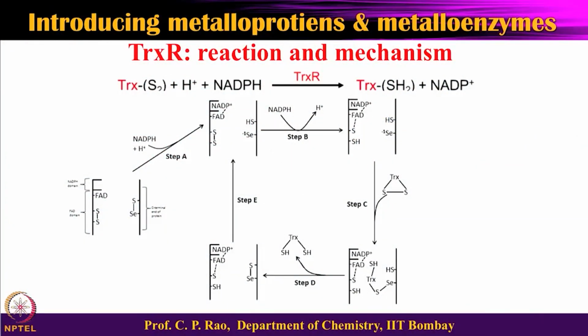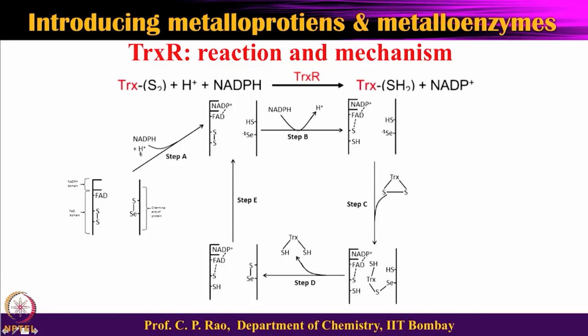Now, we have already looked at the glutathione peroxidase cycle. Let us look at the thioredoxin reductase cycle. Okay, see the enzyme here. In the native form you have a disulfide, a selenium sulfide cluster.